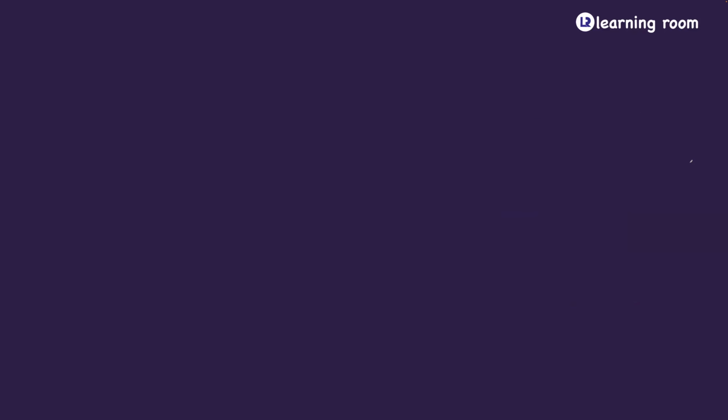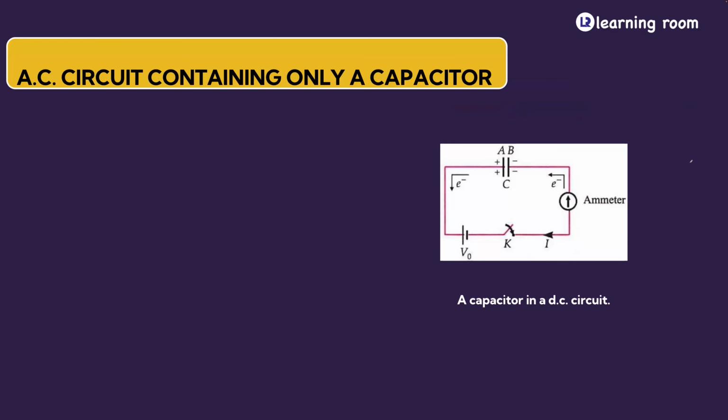I'll come to the inductor at the end. We'll start with the capacitor. The heading is going to be AC source containing only a capacitor. We'll try to understand how the EMF and current are related when you have the AC source connected only across a capacitor.